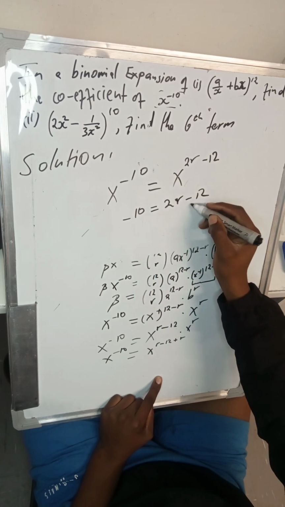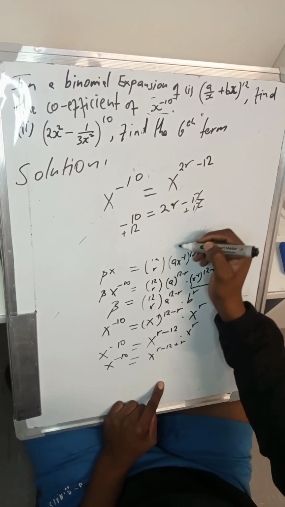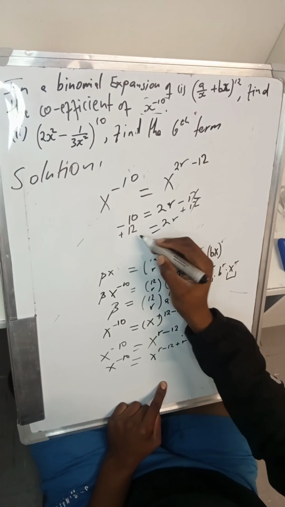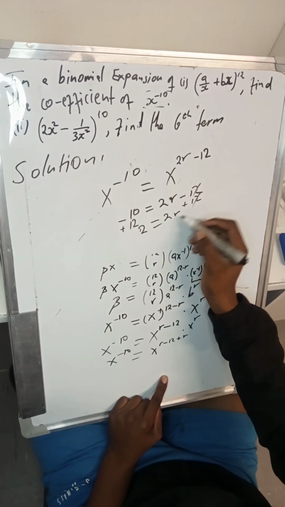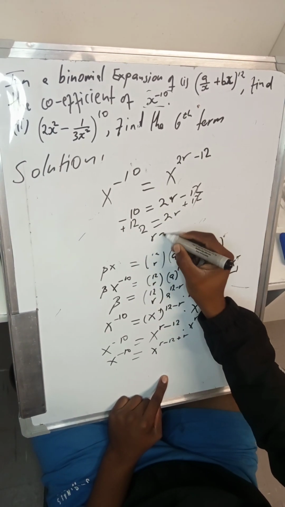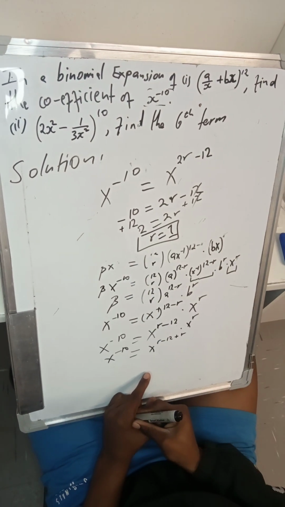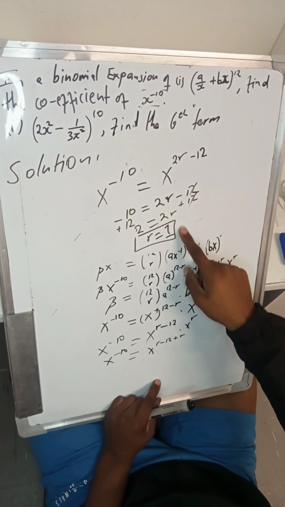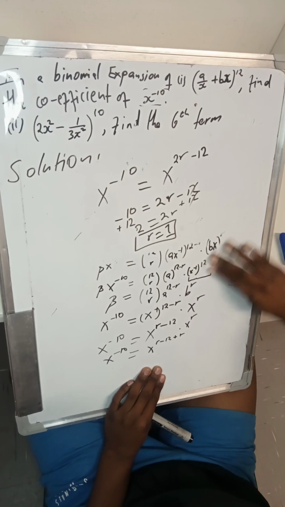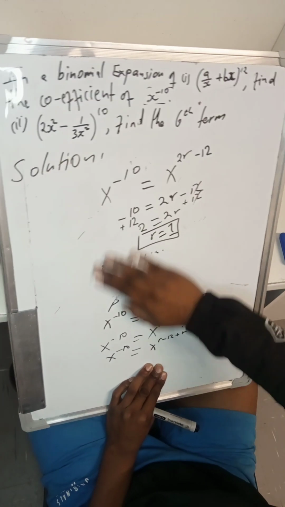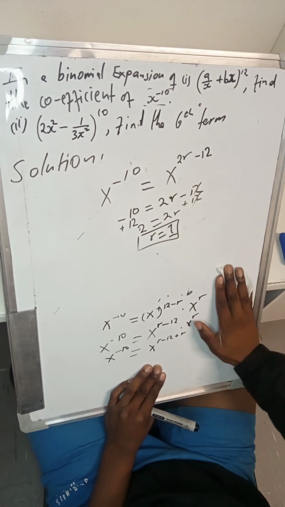Then I will simply add 12 on both sides, so this and this go out. Then I have 2r equals 2. Then I will simply divide by 2 on both sides, so r equals 1. But this is the value of r, not the coefficient. Remember, we are looking for the value of beta.